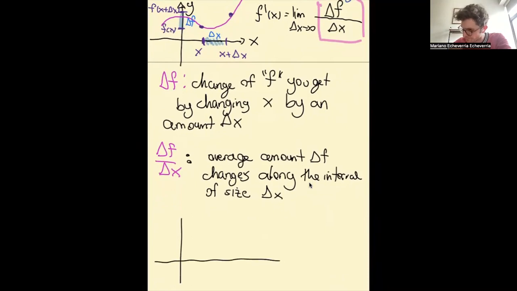So for example, say delta x had changed by an amount of 2, and the corresponding value for delta f, the amount that delta f changes, had been 4 feet.